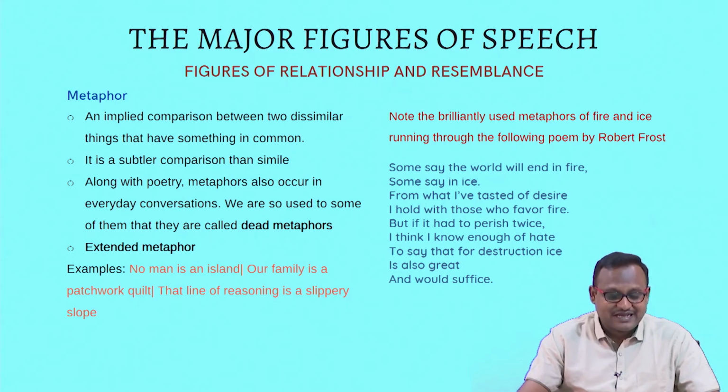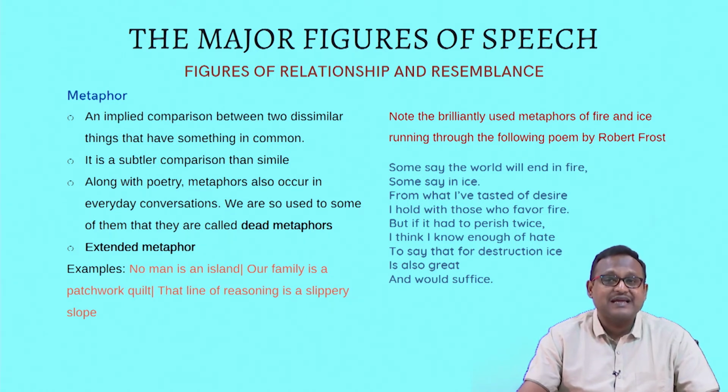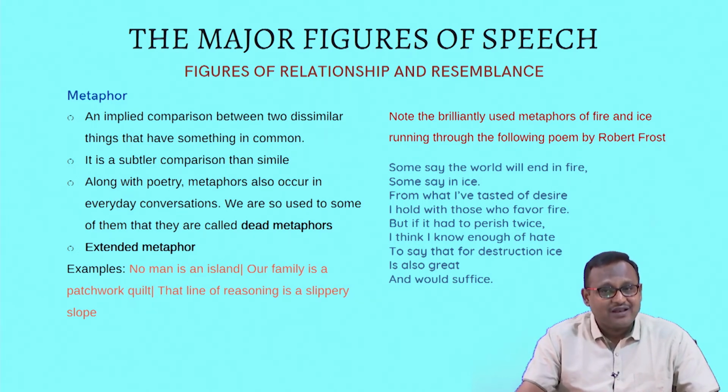Therefore, say for instance, no man is an island. When you say no man is an island, what are you comparing? You are comparing man with island. Well, they are not a set of words that correlate with each other unless you bring out the connection in the later part of the sentence, right.